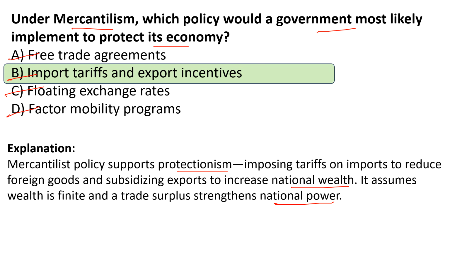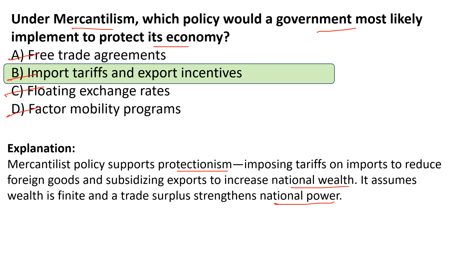So here in the mercantilism theory, what happens when a country wants to strengthen its wealth? Basically the country considers its wealth to be gold and silver. To strengthen their wealth, they increase exports and reduce imports, and for that reason they can implement policies, like the government intervening in the global market to reduce imports and increase exports. The government imposes tariffs on imports, so imports will be reducing.